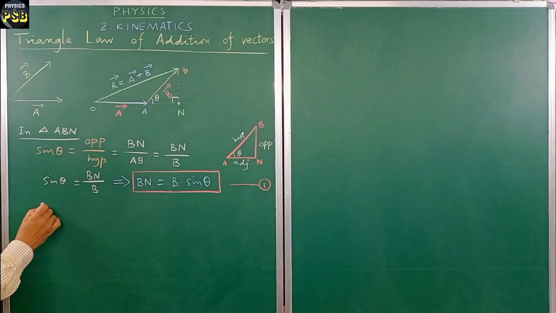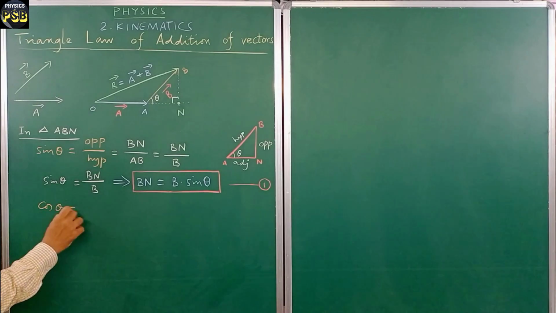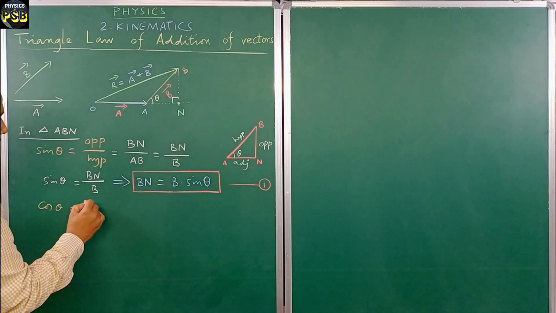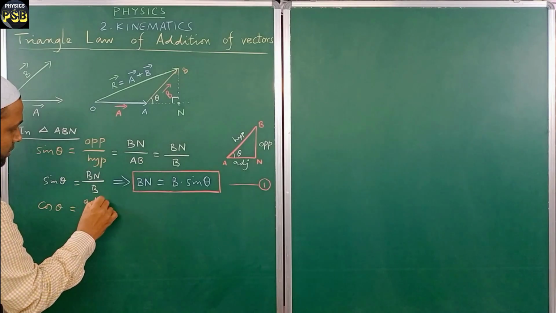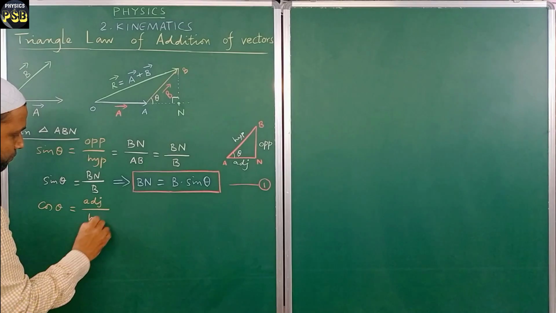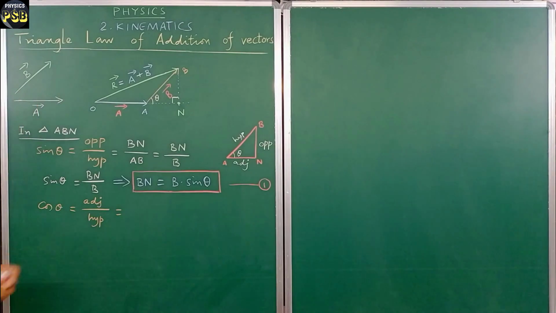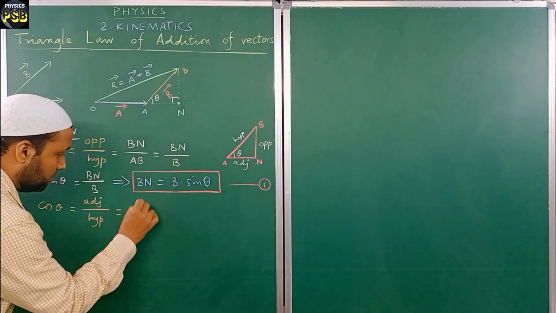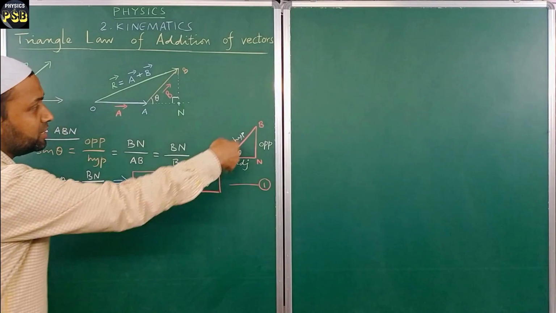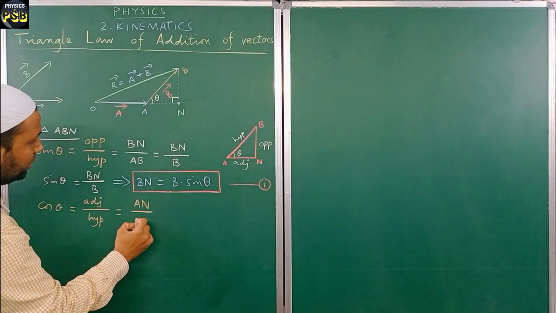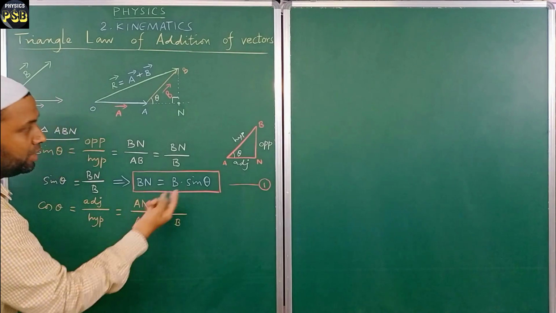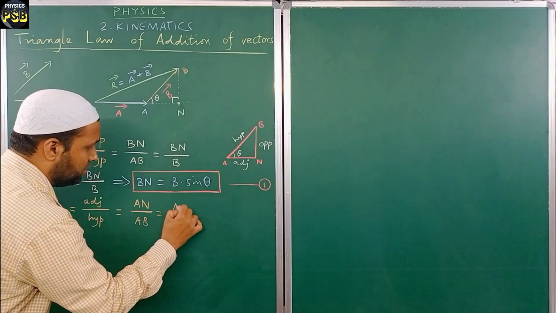I'm going to find out the value of cos theta. The formula for cos theta is adjacent side divided by hypotenuse. What is the adjacent side here? The adjacent side is AN. The hypotenuse is AB. The value of AB is B, and we don't know the value of AN.